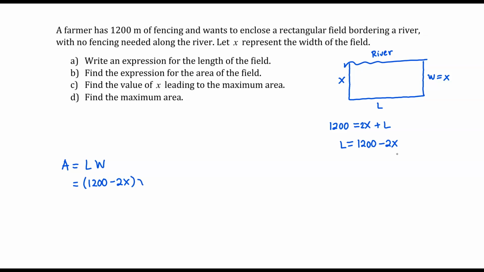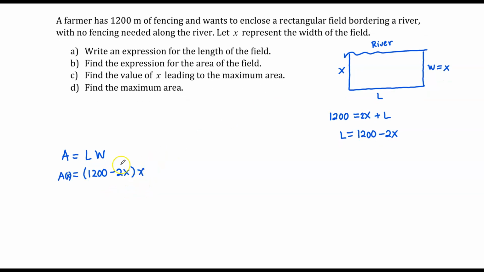And the width is X. So the expression here is the expression for your area. And then we can distribute X to each term in the parentheses. We have 1,200X minus 2X squared.